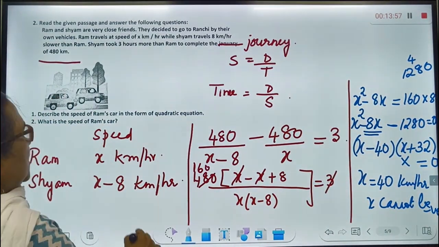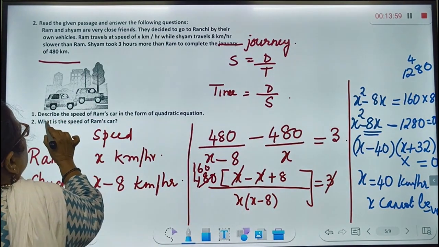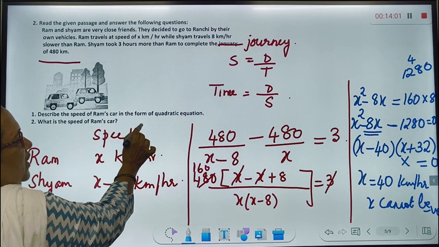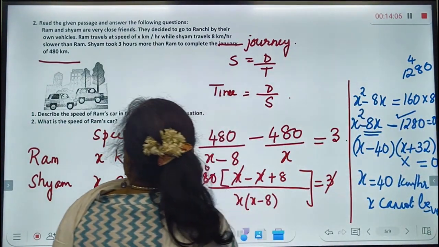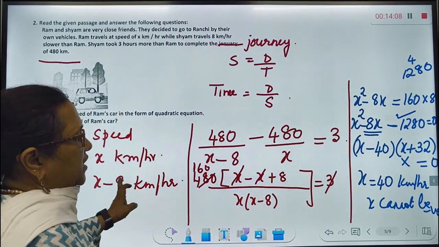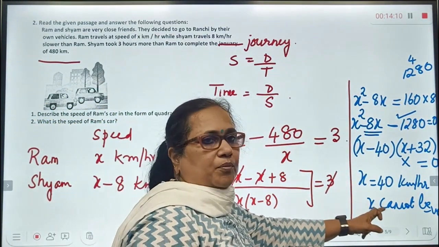The question asked was to describe the speed of Ram's car in the form of a quadratic equation. This is the quadratic equation we have got. What is the speed of Ram's car, which is x? x is 40 km per hour.